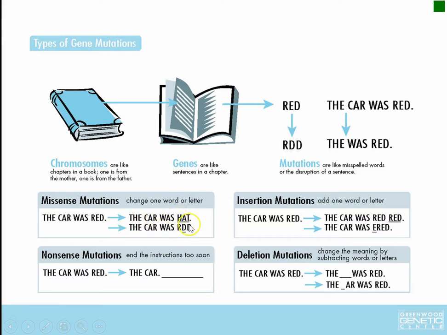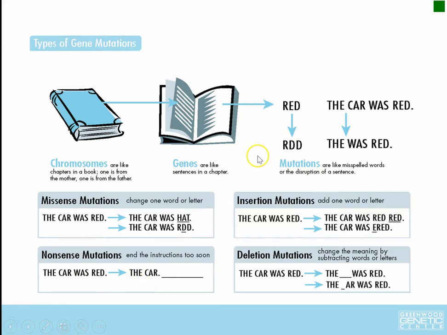Or the car was, we just change a letter, red. Both of these change the meaning of this particular sentence. But if the next sentence was, and I drove to the store, the car was hat and I drove to the store may sound strange, but you still get the gist that you have a car and you're driving somewhere.